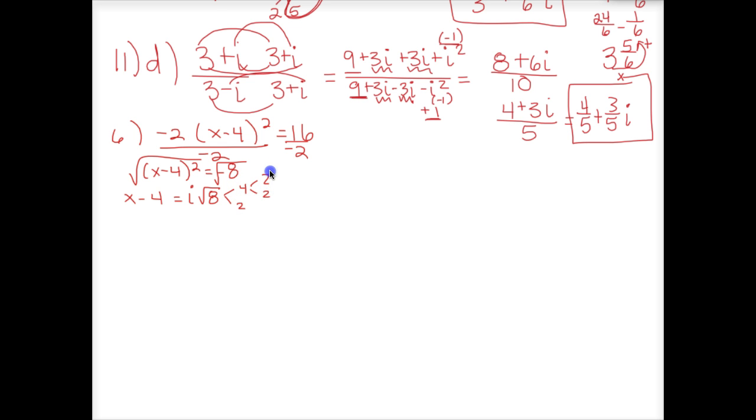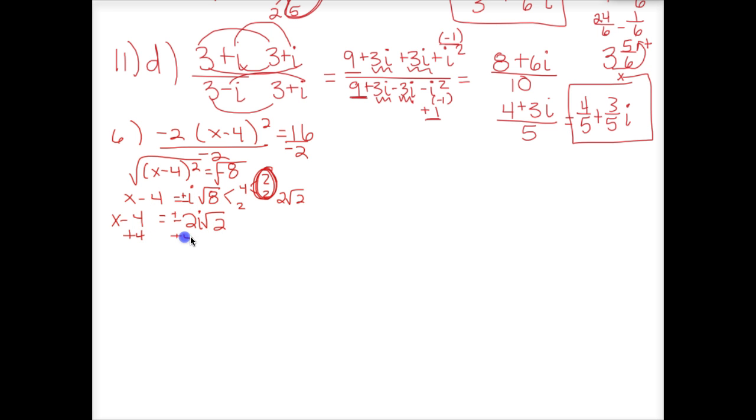So this radical 8 is really 2 radical 2. Remember that anytime we solve with square roots, I need plus or minus right after I take the square root. So now I've got x minus 4 equals plus or minus 2, and I forgot to write my i. I said it, but didn't write it. Plus or minus 2i radical 2.